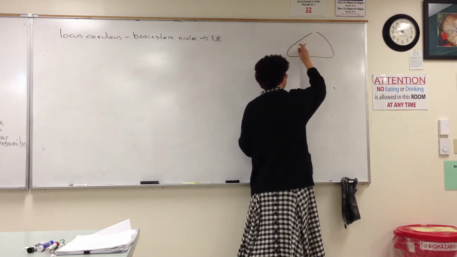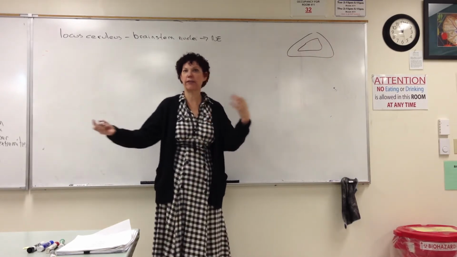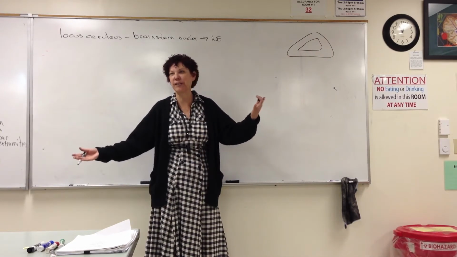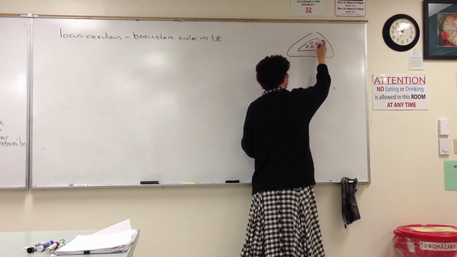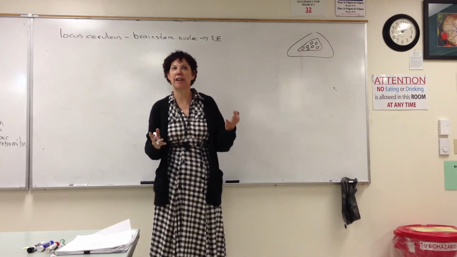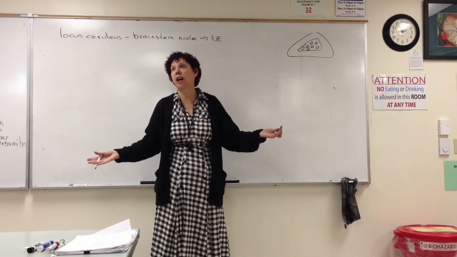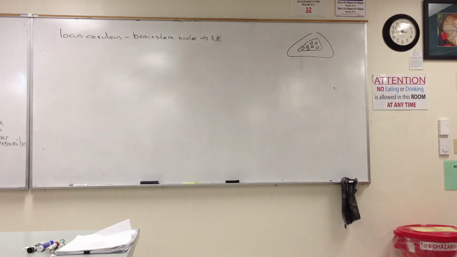And the outer portion of it is going to release steroid hormones, stuff like cortisol, if you've heard of cortisol. But the cells in the middle are embryologically the same as postganglionic sympathetic neurons, except they don't have long axons. And so those are the cells in this illustration right here.